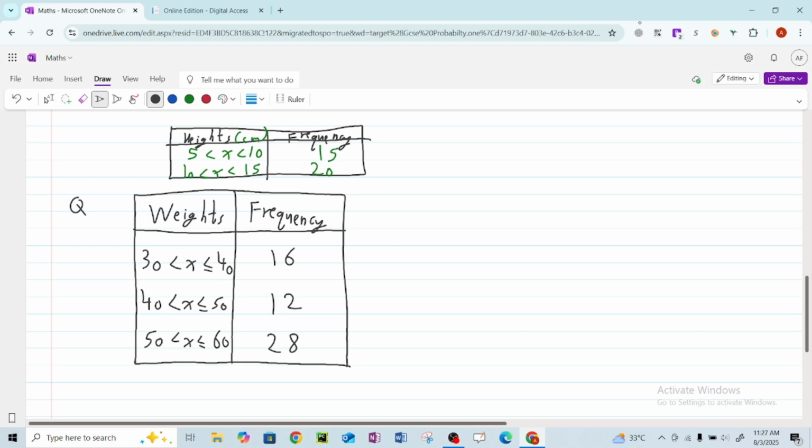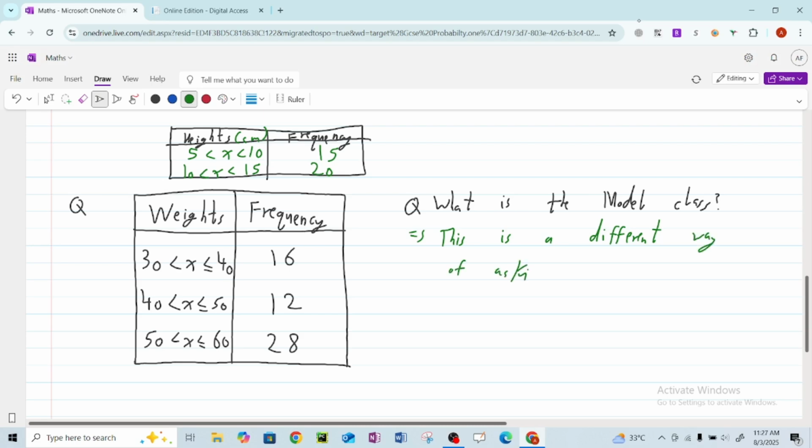Now, what they would ask you in this case is, first, what is the modal class? Modal class is just a different way of asking for the mode. What's the mode?